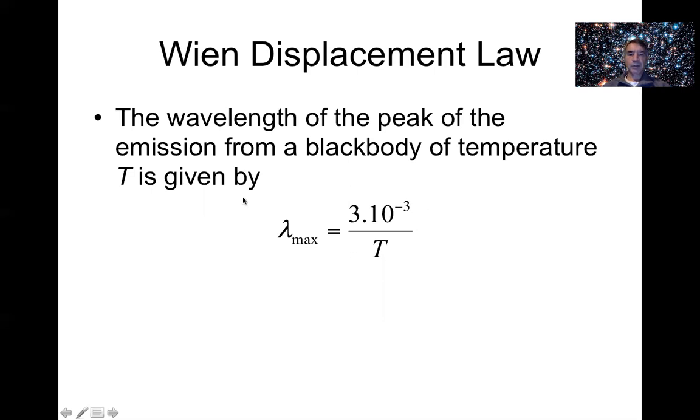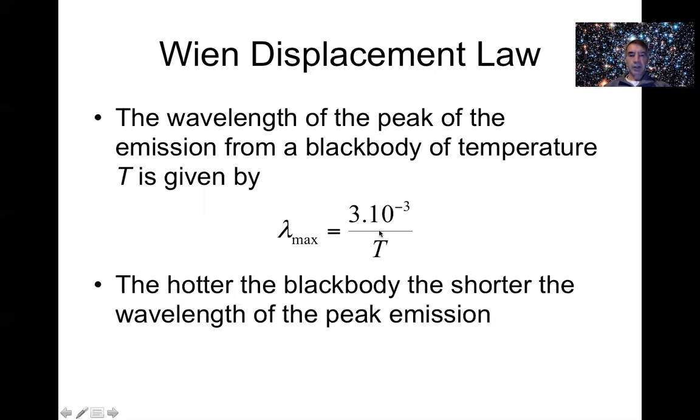Everything in the formulae in this module should be in SI units, unless I tell you otherwise. There are some formulae that are non-SI, but I'll alert you to those when we come to them. So this tells you that the hotter the body, the higher T is here, the peak wavelength will move to shorter and shorter wavelengths.